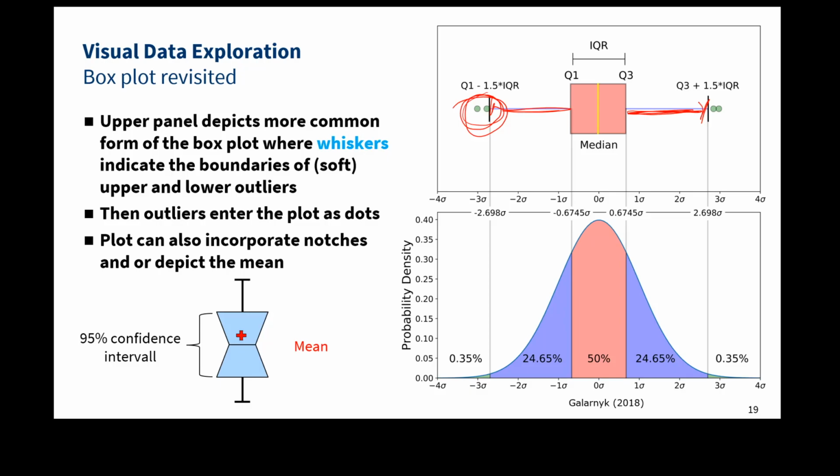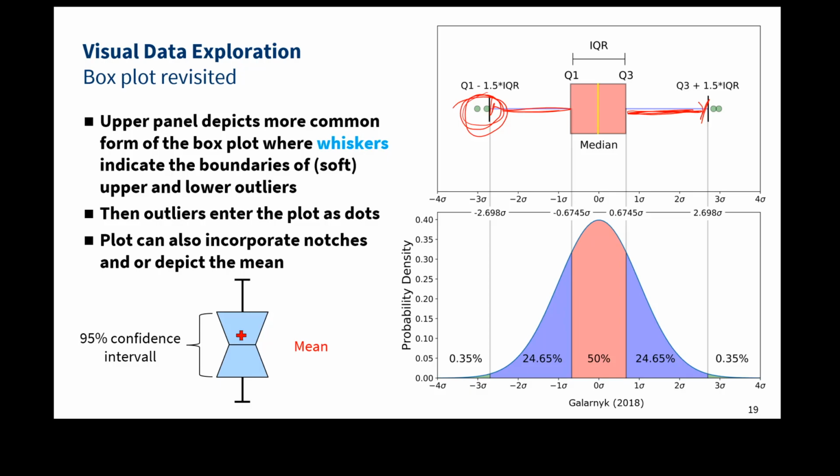Many software packages will by default create the boxes in this way to convey more information, or at least they will offer you a parameter with which you can control your box plot, to then add notches if you wish.